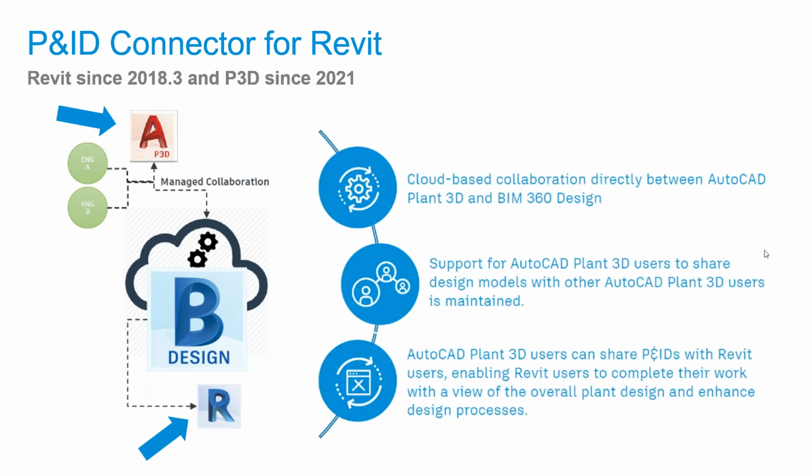In that way, you will be able to run clash detections in the cloud using BIM 360 Coordinate. And we have a quick hint on one of the next slides about that.